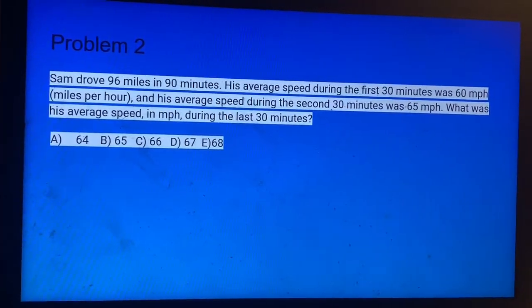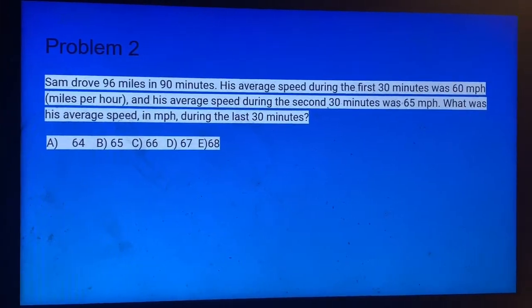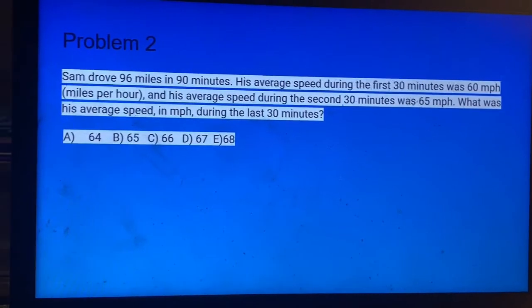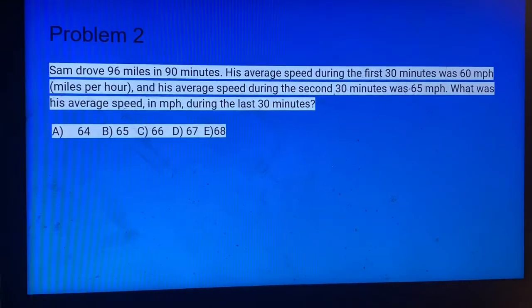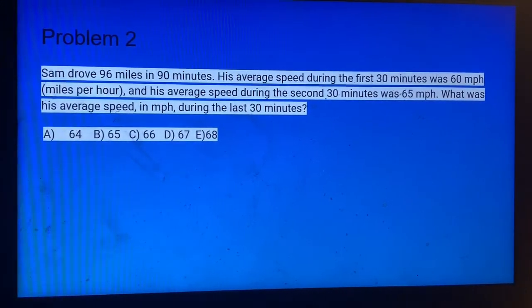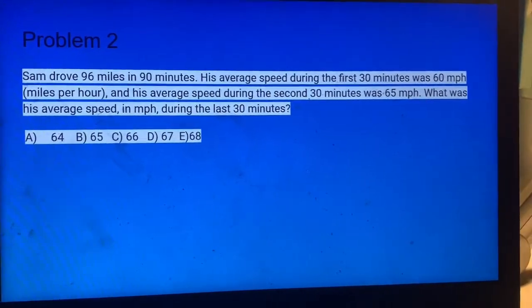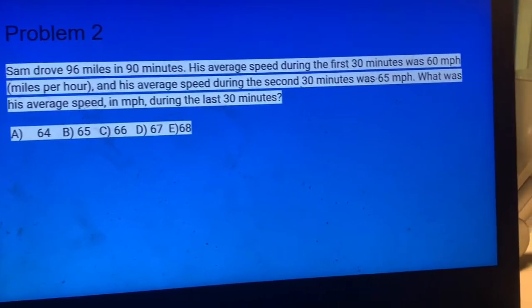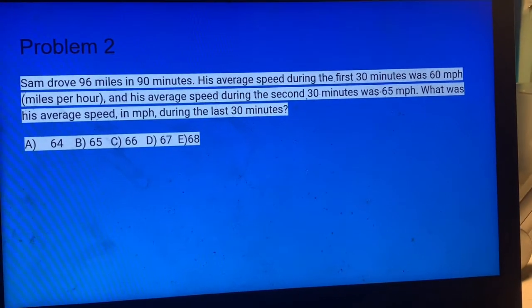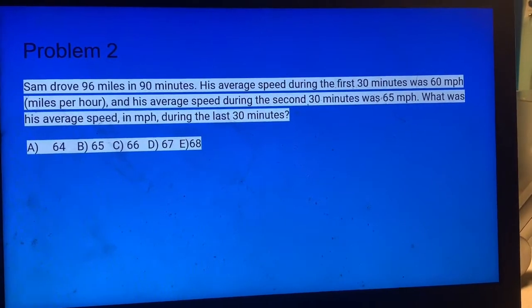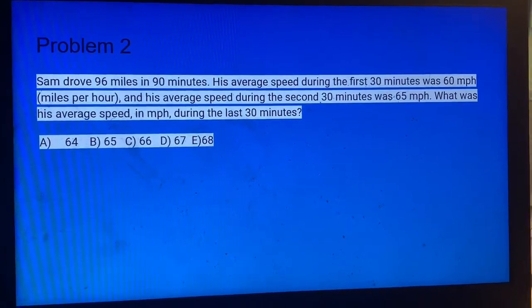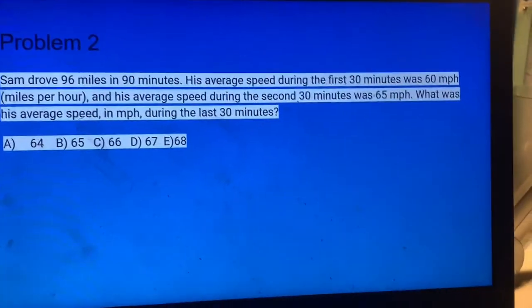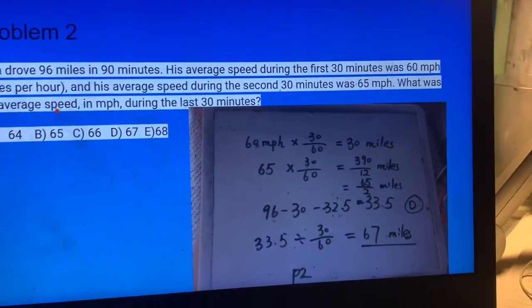You can use these to get the distance for the last 30 minutes, and then you only need to divide by 0.5 because 30 minutes is half an hour.